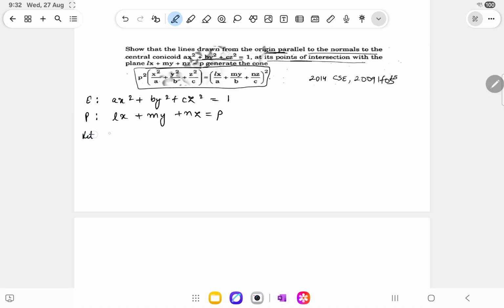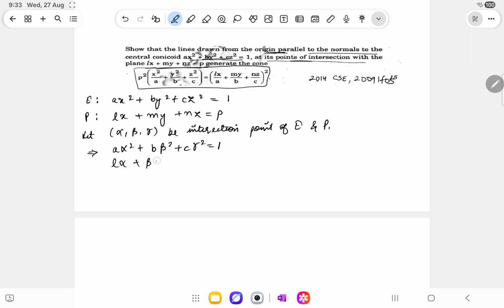So let alpha, beta, gamma be the intersection point of ellipsoid E and plane P. This point must lie on both the ellipsoid and the plane. So I'll get a alpha square plus b beta square plus c gamma square is equals to 1, and alpha L plus beta m plus gamma n is equals to p.